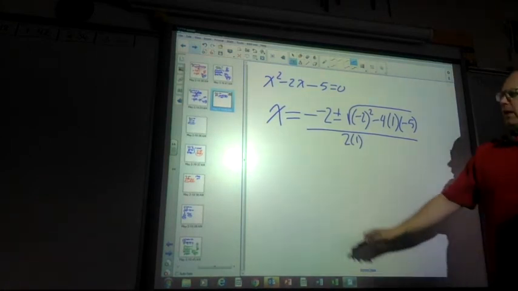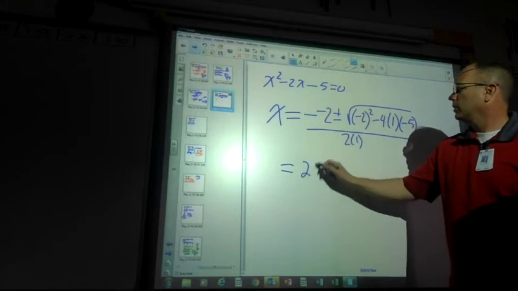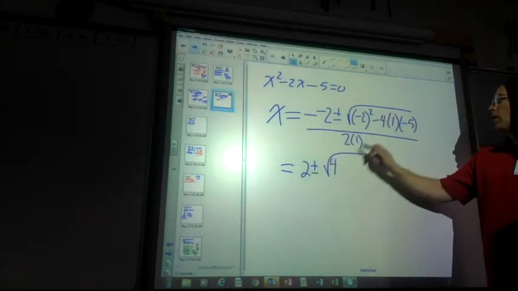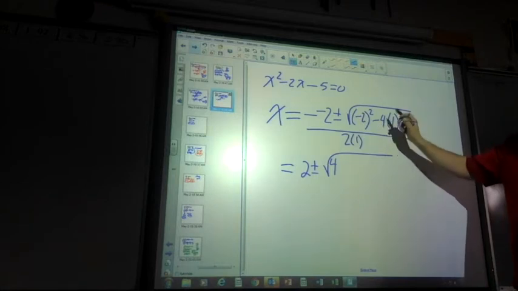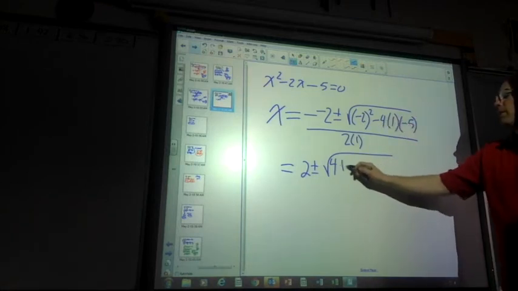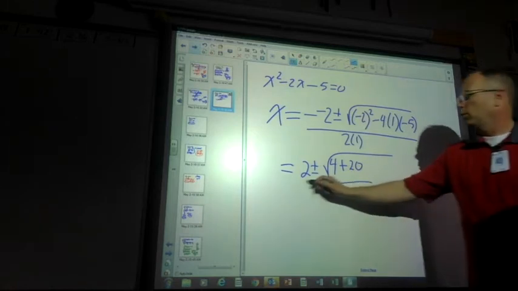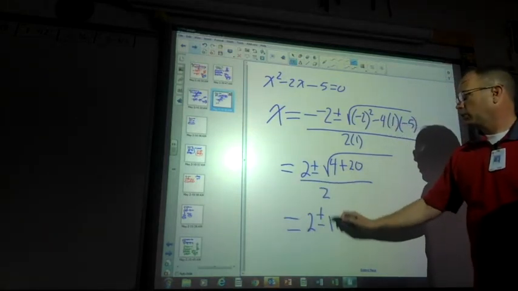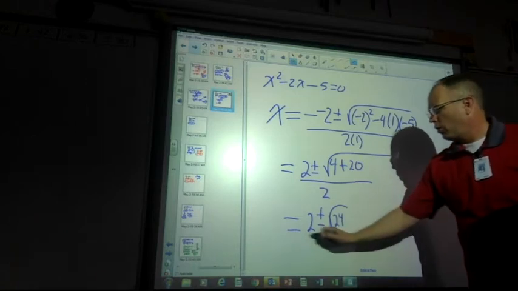So I have the negative 2, which is positive 2. Negative 2 times negative 2 is positive 4. Negative 4 times 1 is negative 4. Negative 4 times negative 5 is positive 20, all over 2. 2 plus or minus the square root of 24 over 2.